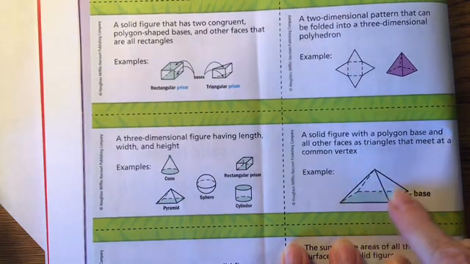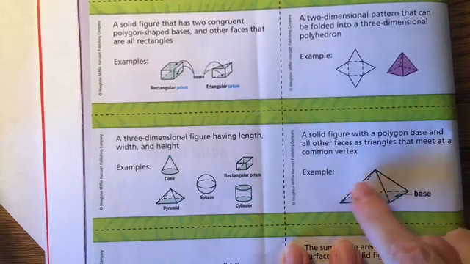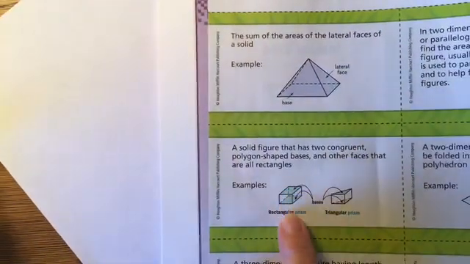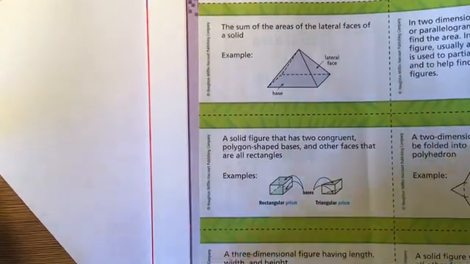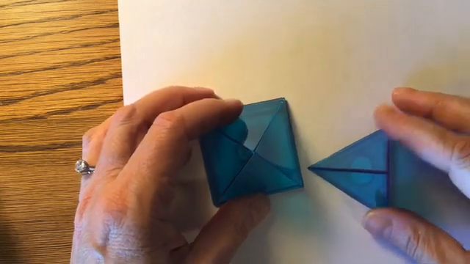As you can see, I have a base here. It looks like it's either a rectangle or a square. And then all my faces are now triangles, as opposed to my prism, where all those faces were rectangles. So let's take a look at some in real life. I don't have too many examples here with my blue plastic figures to show you, but I do have two.